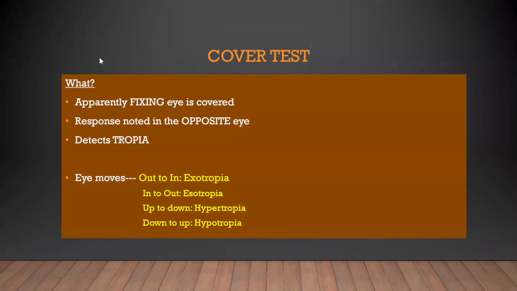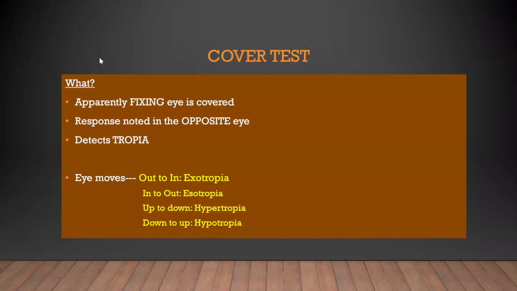So what do you do in the cover test? You have to cover, as the name suggests. What do you cover? The apparently fixing eye has to be covered, and you look for the movement in the opposite eye. And what is this going to tell you? If you cover the apparently fixing eye and you see the movement in the opposite eye, you are going to be able to detect a tropia or a manifest squint.